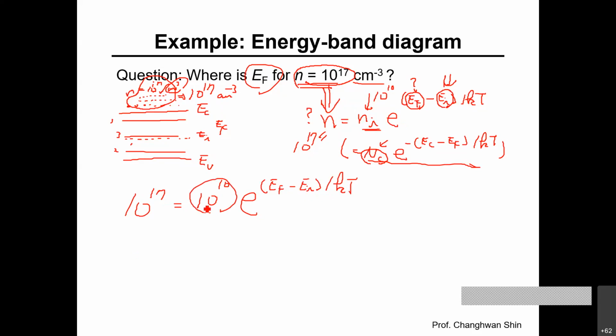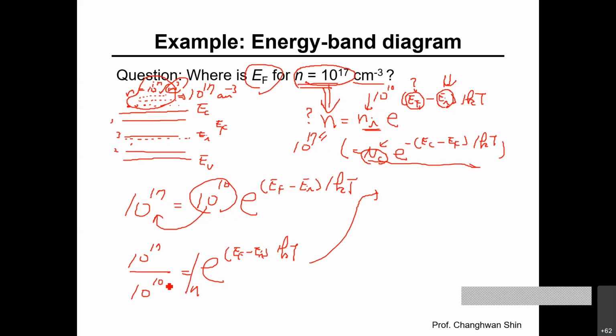And let's move this term into the left-hand side. 10 to the 17 divided by 10 to the 10 is equal to exponential EF minus EI over KT. Then let's take the logarithm for both sides. Let's write down the right-hand side first.